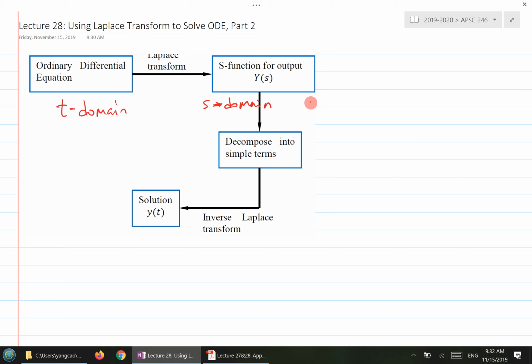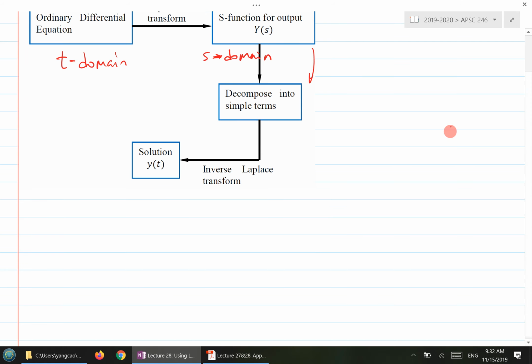From Y(s), the major step is: how can we decompose this Y(s) into the simplest form so that we can use the table to find its inverse Laplace? How to decompose into the simplest format is what we studied in the previous lecture, and I showed you two different approaches.